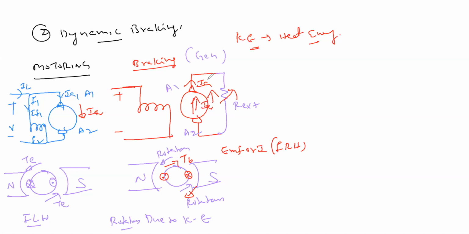Armature winding, or armature circuit, is closed with external resistance.